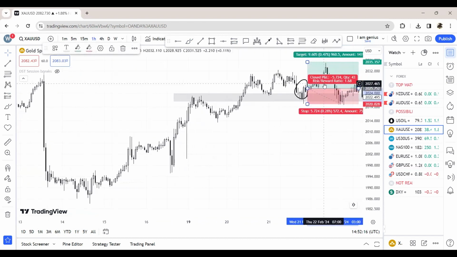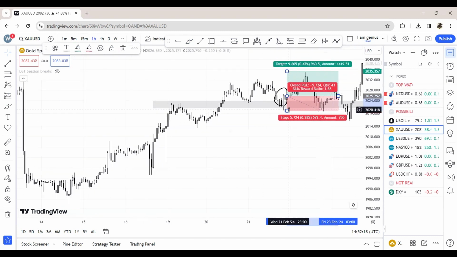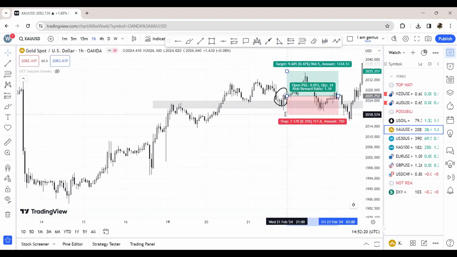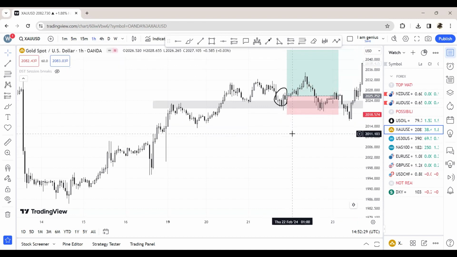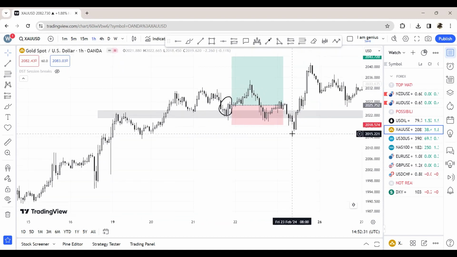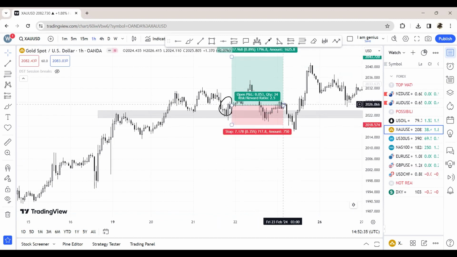But what happens? You can see that even if you had moved this here, take profit is probably somewhere right around there, 1 to 2. You notice that here the market wicked you out.